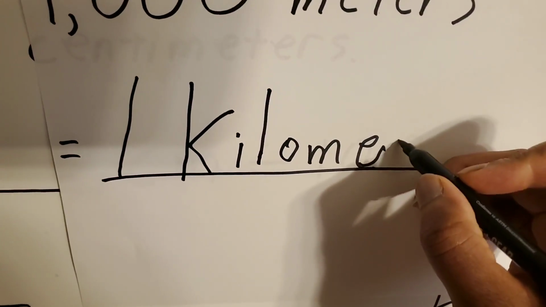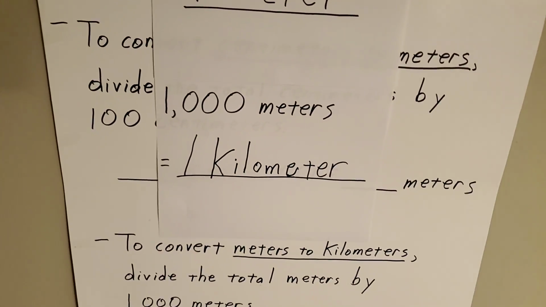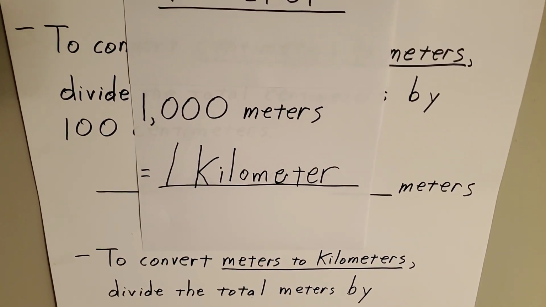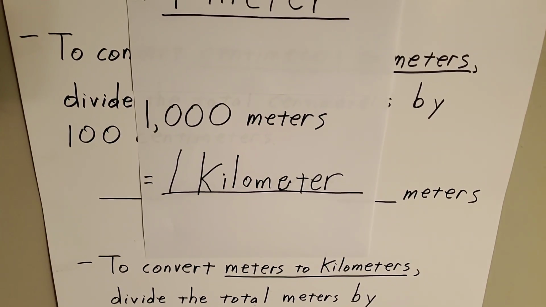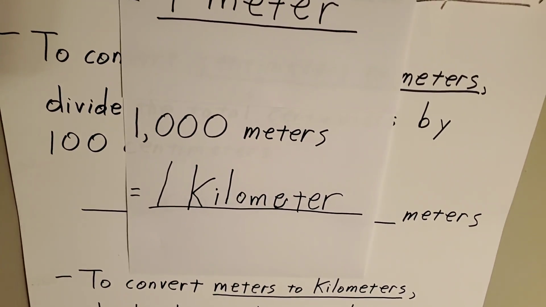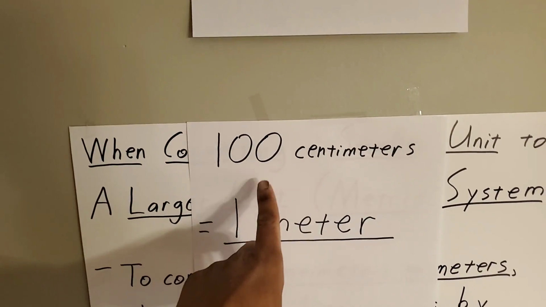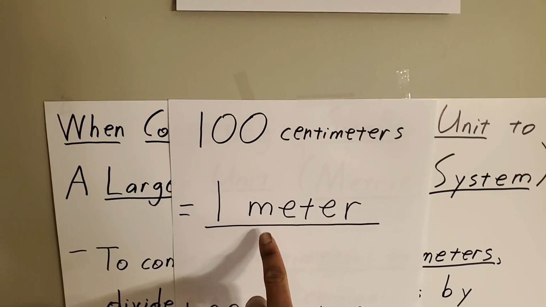So if you say 1,000 meters equals 1 kilometer, you are correct. So that's how long 1,000 meters is. So we know today, if you take 100 centimeters and put them together, that makes 1 meter.